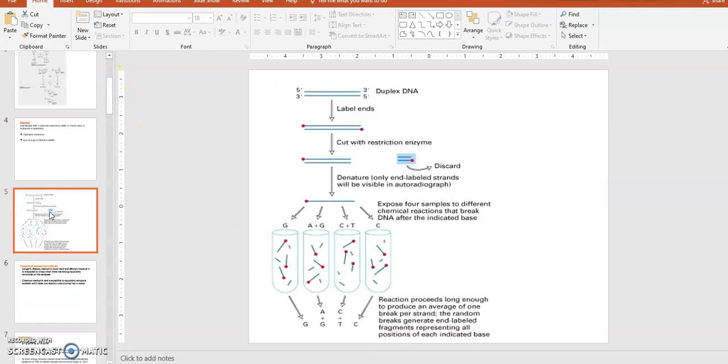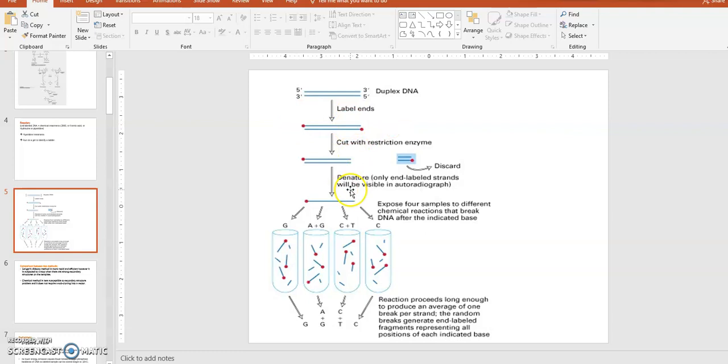In other words, there's enough DNA molecule that's labeled with something, because you can visualize them using gel electrophoresis. So maybe it's end-labeled with a radioactive isotope or chemiluminescence or something that will give you a signal, right?